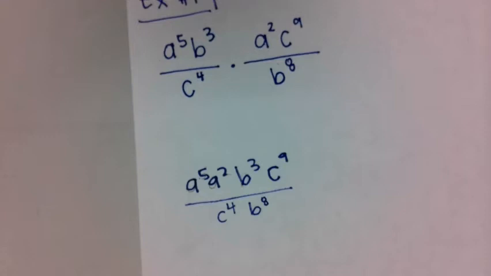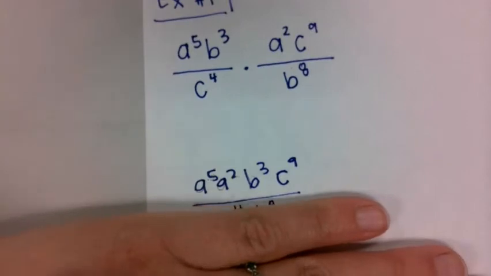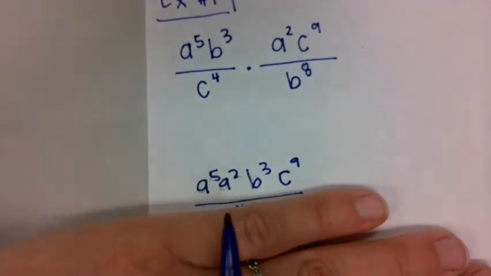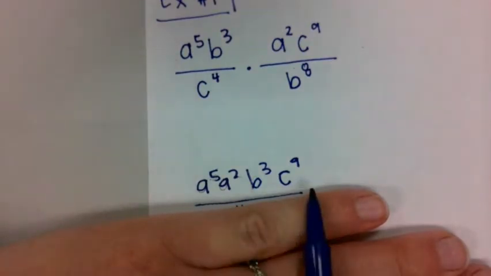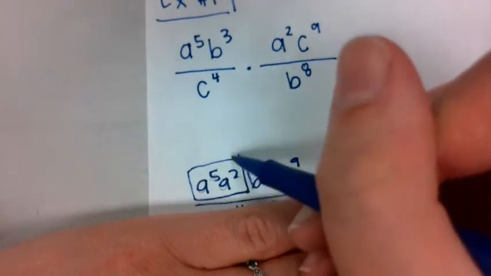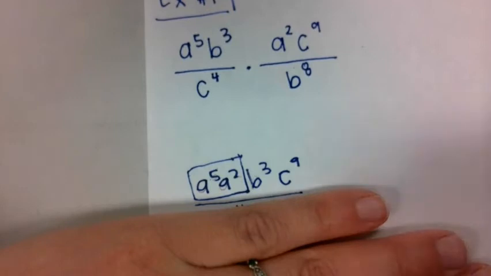As soon as I have one big fraction, I am going to first use the product rule to simplify, and I'm going to focus on one part of the fraction at a time. So I'm just going to focus on the top part to see if there's anything I can simplify. As I look at the top part of the fraction, they're all different except for these first two terms. If these first two factors are the same, I should be able to combine them.